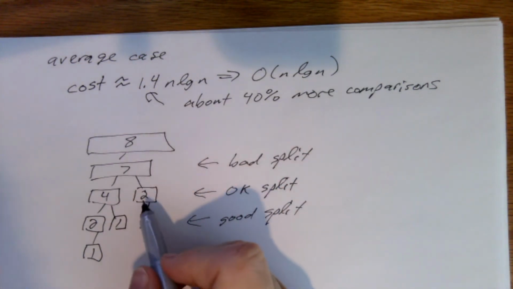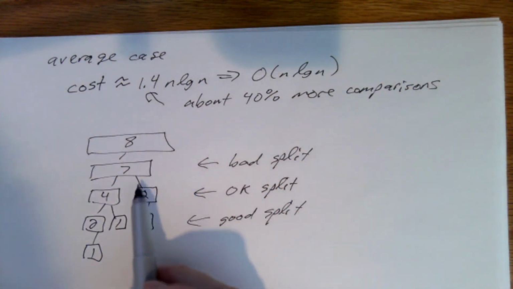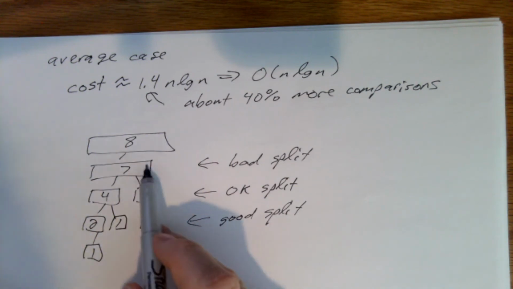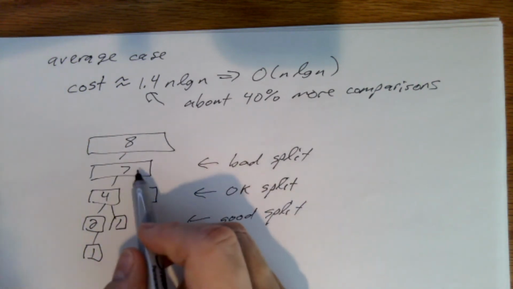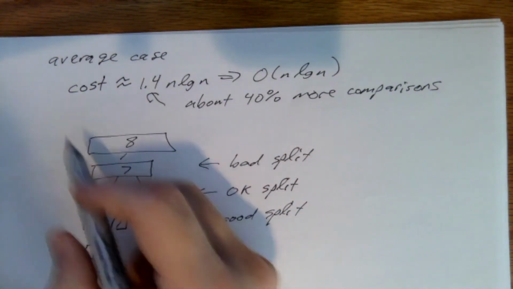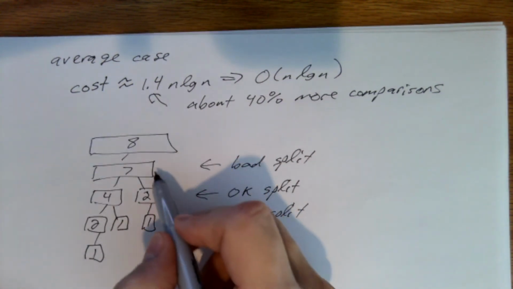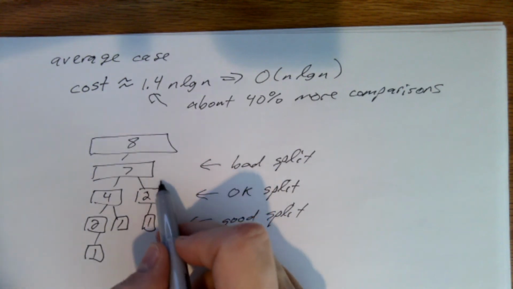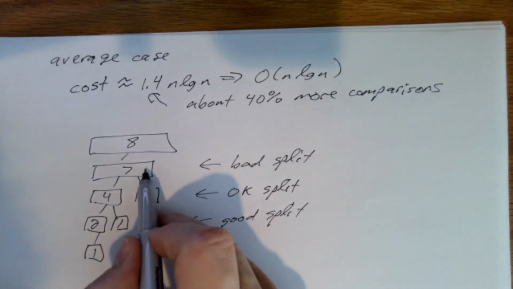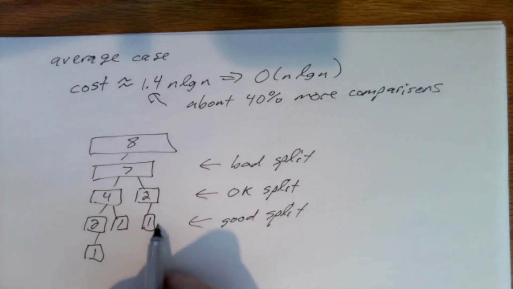Basically what happens is, if we have enough good splits to sort of offset the bad splits, they just become a multiplier on our n log n. Let's say it doubles it, because look at what happened here. Instead of getting one good split here to get to a certain level, it took us 2 splits to get down to this point.